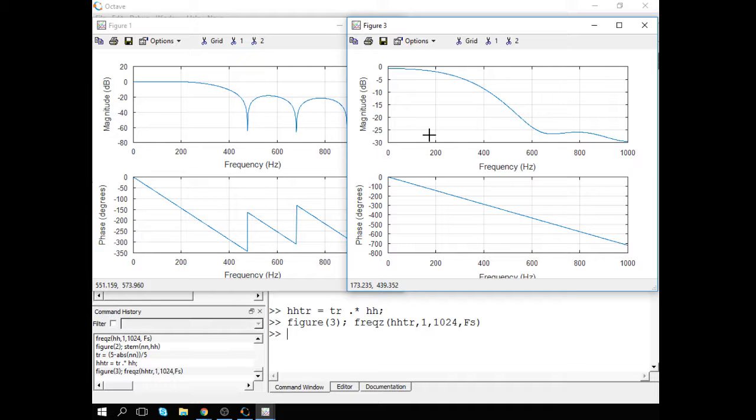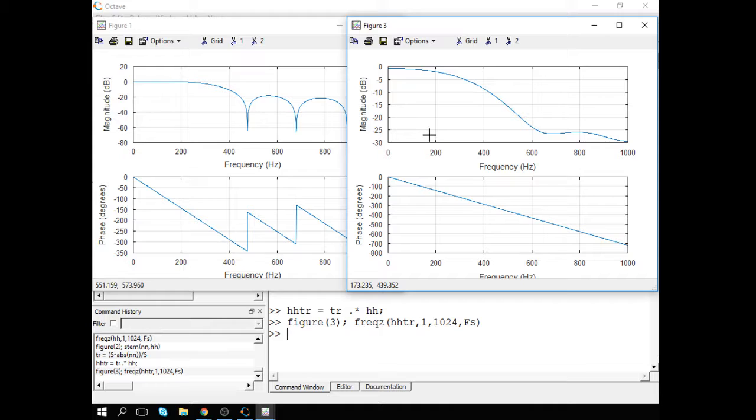So the window shape actually made the attenuation go lower. The smoother the window is, meaning the less power on the high spectral components, the more attenuation you have.